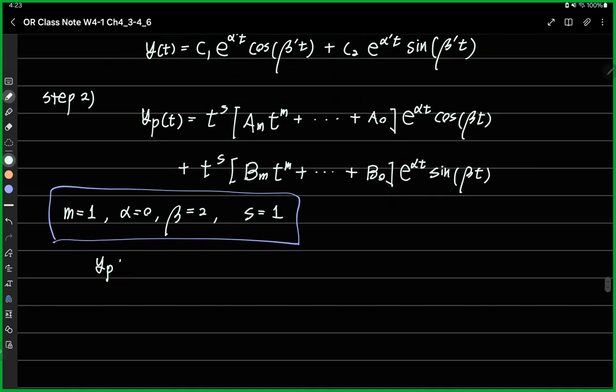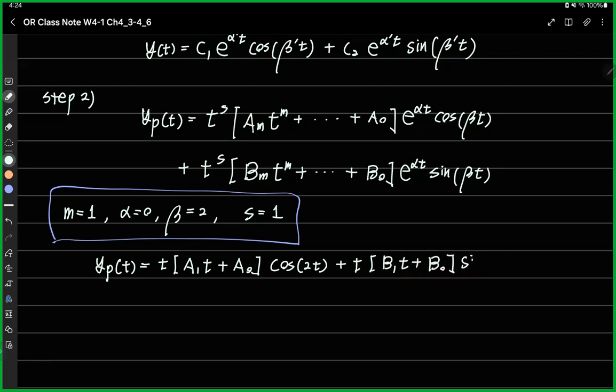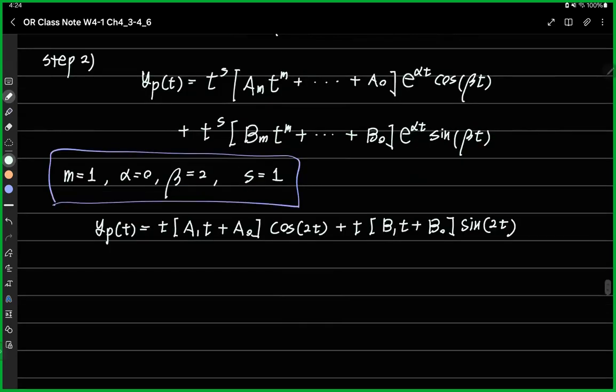So yp of t is going to be t times (a1 t plus a0) cosine 2t, plus t times (b1 t plus b0) sine 2t. These a1, a0, b1, and b0 are undetermined coefficients.